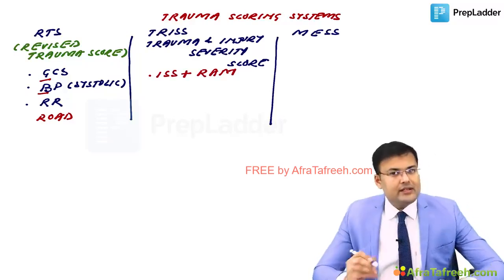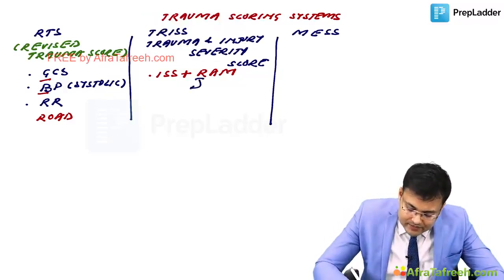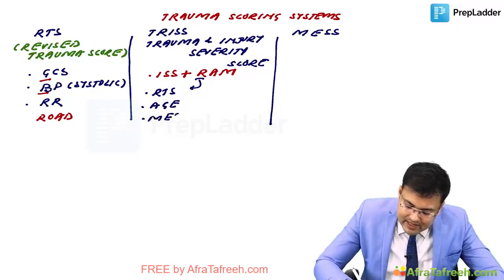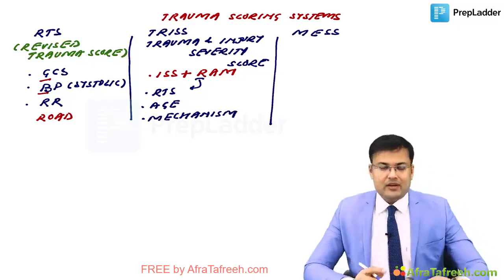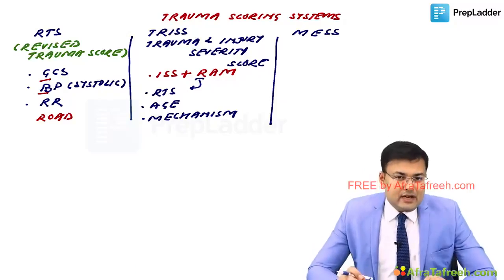So it is injury severity score plus RAM. Here R means revised trauma score, A means age, and M means mechanism. Mechanism means whether there is blunt trauma or penetrating trauma. So injury severity score plus RAM: revised trauma score, age, mechanism.